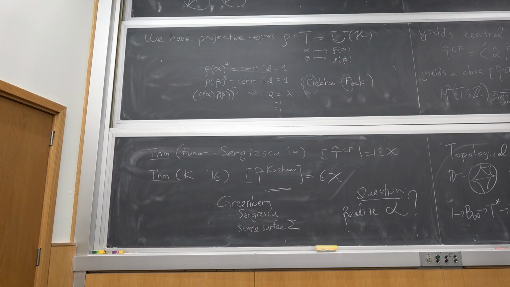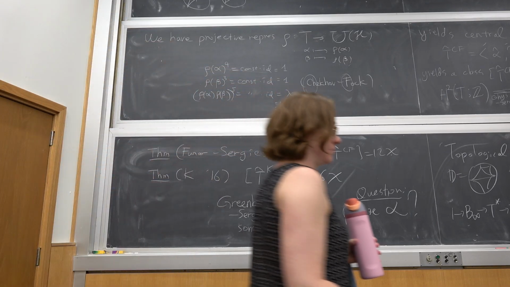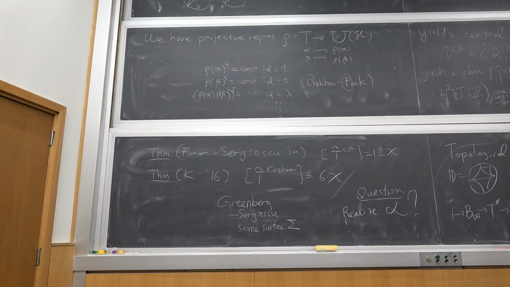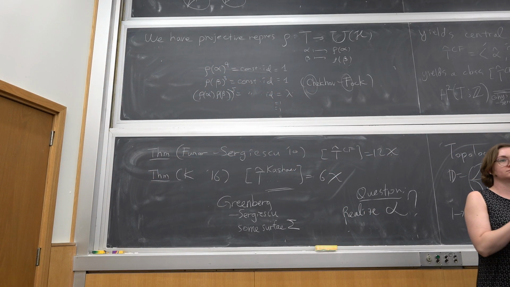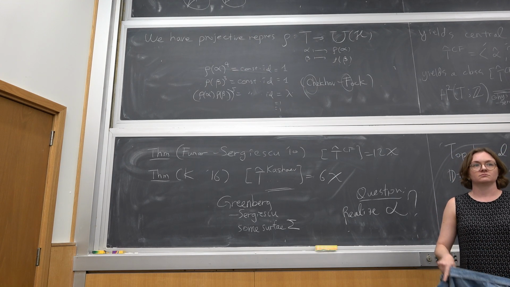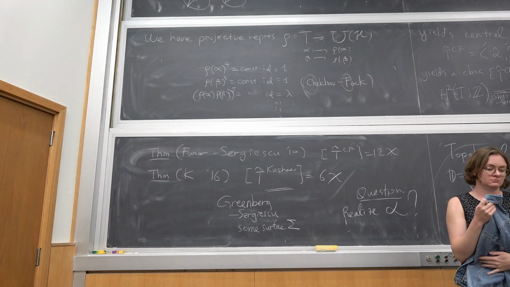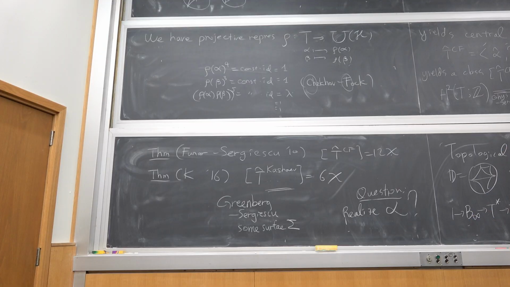So we have seen the tree description of the Thompson group. You first have to consider the infinite rooted binary tree, and the Thompson group can be thought of as almost automorphisms of the infinite rooted binary tree, not the actual automorphisms. So it sends leaves to leaves. That's the basic motivation for their surface.